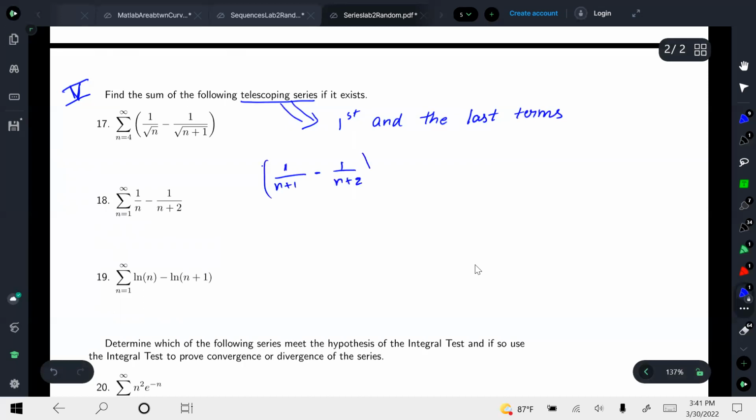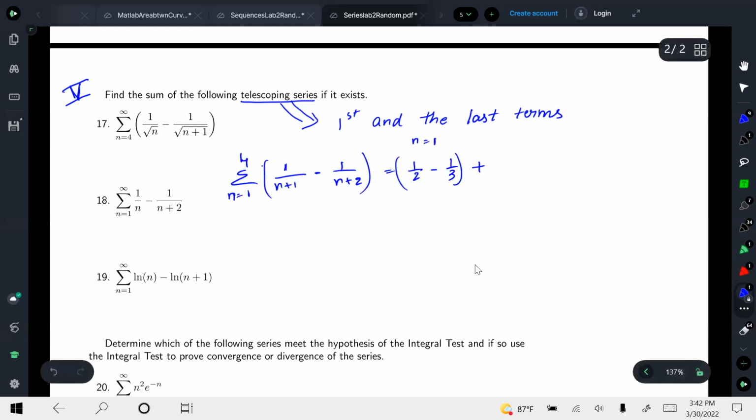Let us consider this series, n equal to 1 to infinity. When you expand, you just start from n equal to 1 and keep plugging in values for n. That will give you one half minus 1 over 3, right? This is one block, for n equal to 1.